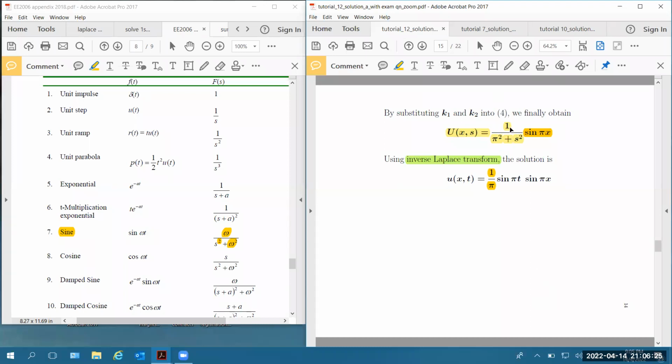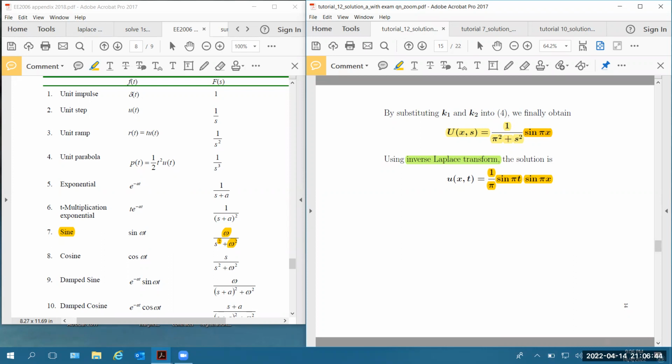Then this one is just your sine omega t, which is your sine pi t. Then your sine pi x is here, just like a constant multiple. Is it okay? All right, so that completes this question.